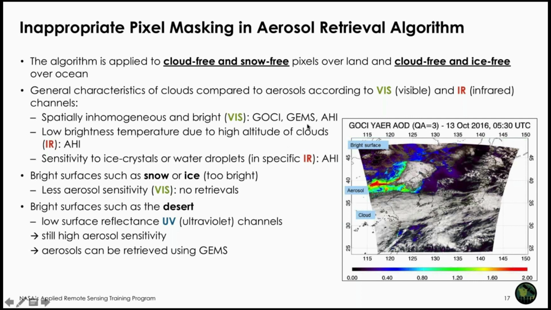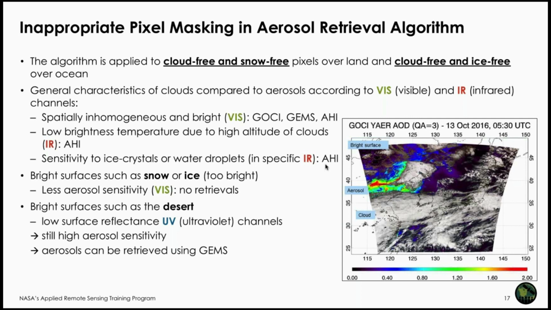So we can use this information to detect clouds and mask them out from GOCI, GEMS, and AHI. Some specific channels are very sensitive to ice crystals or water droplets, so we also use this information from the AHI because AHI has many IR channels compared to GOCI or GEMS.